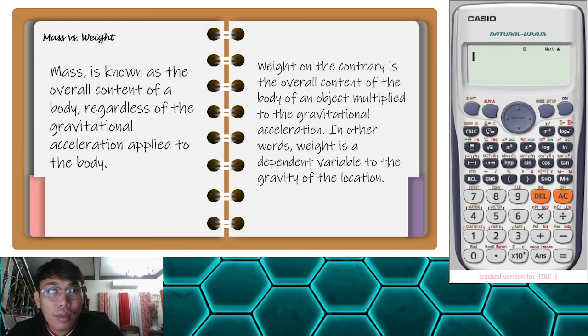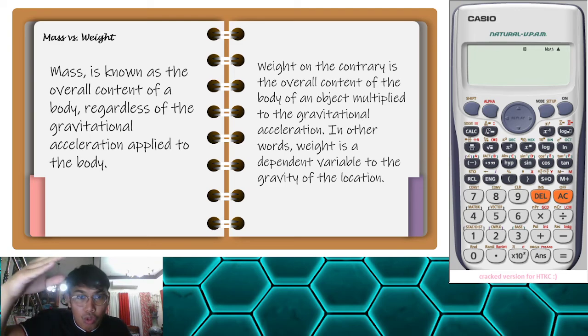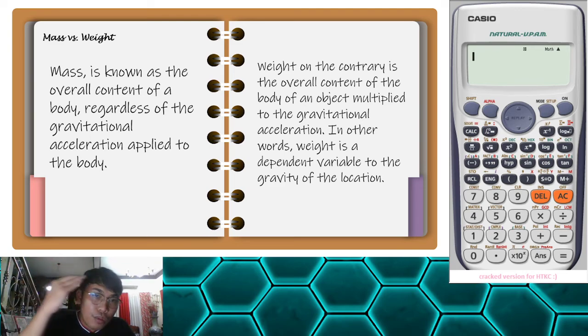So how about mass? Even if you are on the moon, on other planets, or in outer space, your mass is your mass. That's why I told you this. Whatever you have in your body, if your body has 55 kilograms, on the moon, in outer space, on Mars, on Pluto, on Mercury, on Earth, you will always be 55 kilograms.